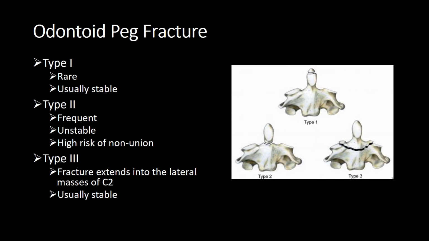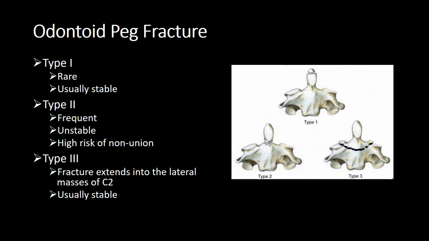There are three types of odontoid peg fracture. Type 1 is a fracture to the tip of the odontoid process. But to be honest, common consensus these days believes that this is actually an unfused accessory ossification centre, os terminale. Even if it was a fracture, it's considered stable.